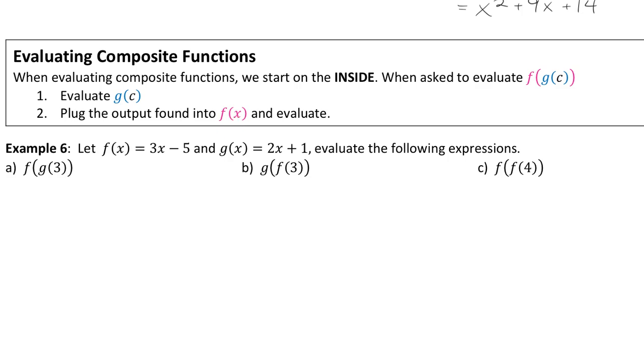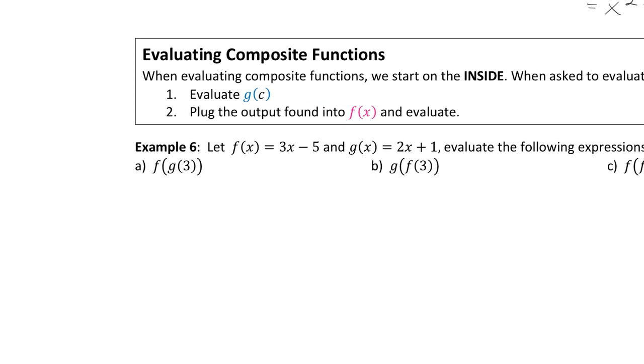And we evaluate one more time. For example, let's again keep our color scheme of f and g. The first question asks me to do f of g of 3.